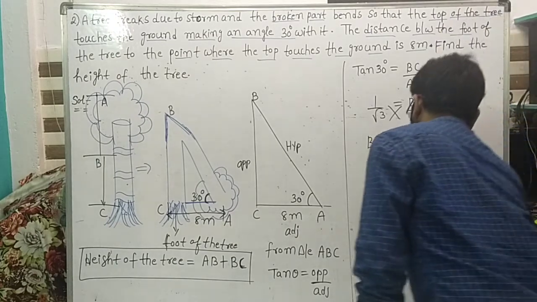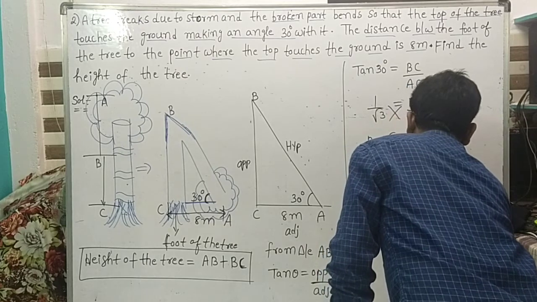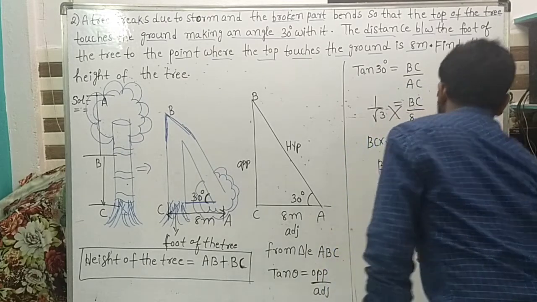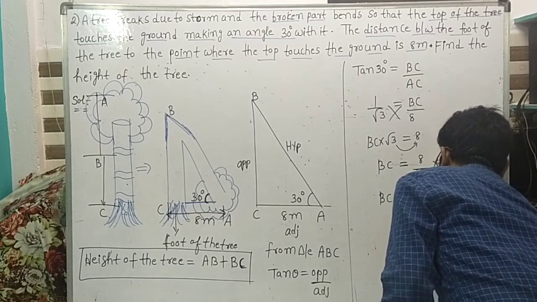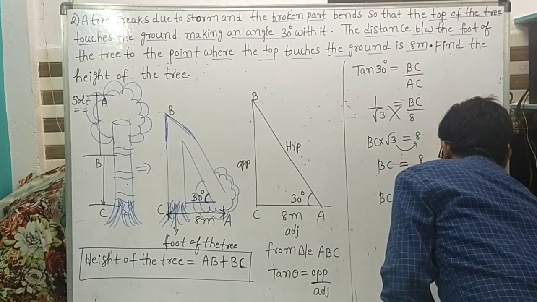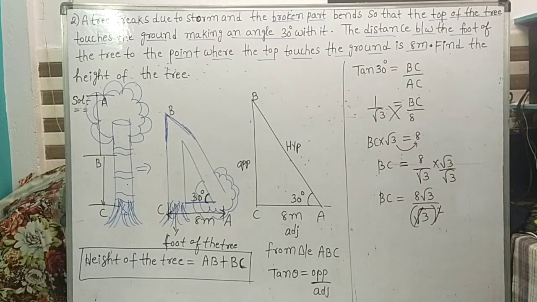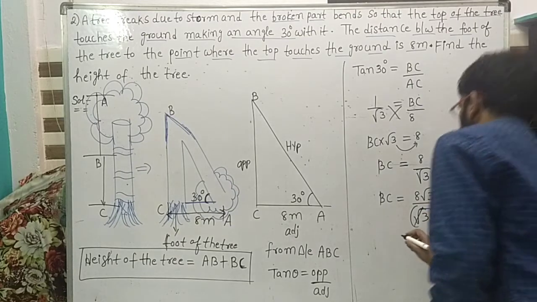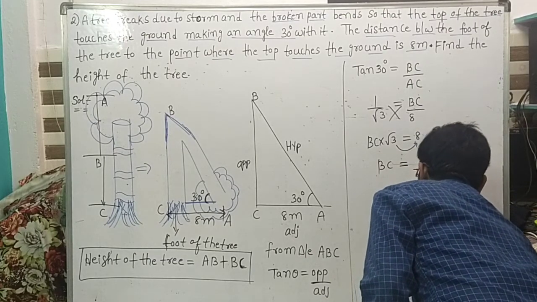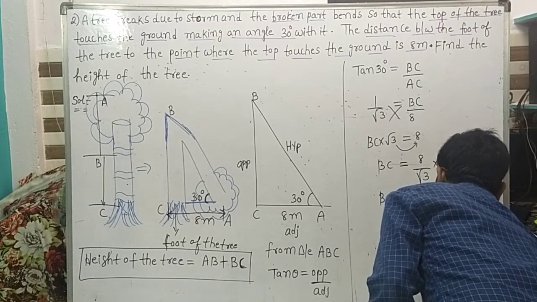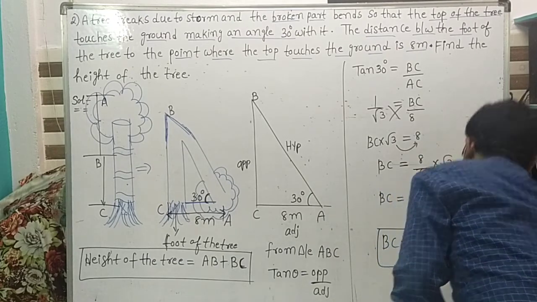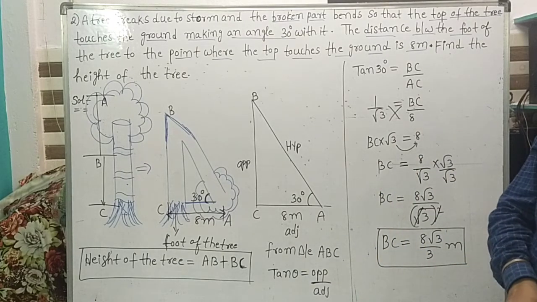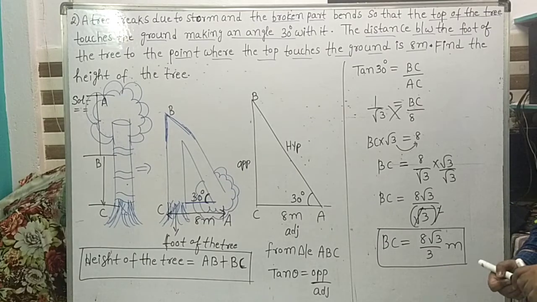So BC equals 8 root 3 by root 3 into root 3, that is root 3 whole squared, so the square root gets cancelled. BC equals 8 root 3 by 3 meters. We got the value of BC.